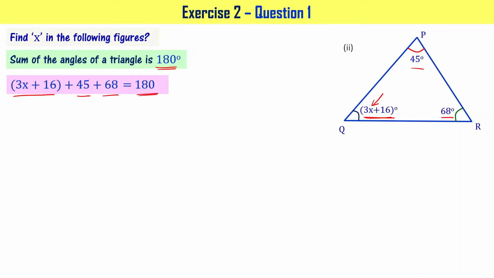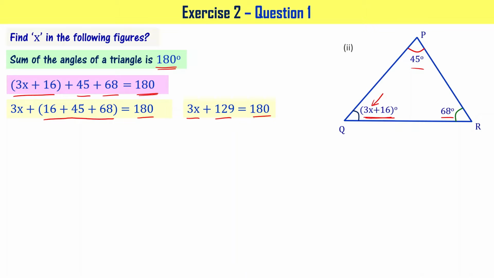Now let me rearrange this equation such that I can write it as 3x plus 16 plus 45 plus 68 equal to 180. You simplify this and write it as 3x plus 129 equal to 180. 16 plus 45 plus 68 is 129, right?